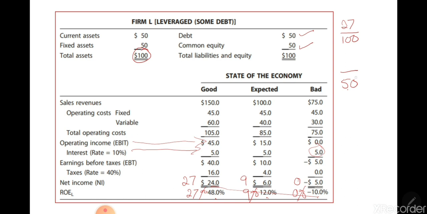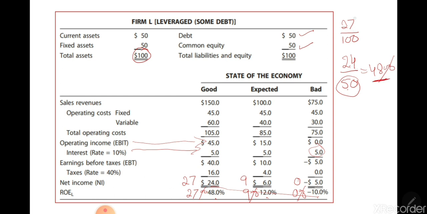But because they are not doing the whole 100 rupees investment themselves, they will have to pay interest. So their net income will reduce from 27 to 24, but still the percentage is actually better. Over here they have invested 50 and they are getting a return of 24. The return in itself is less, but the percentage is more.